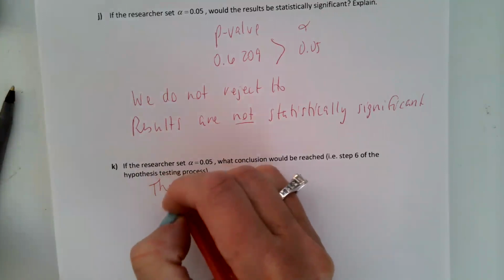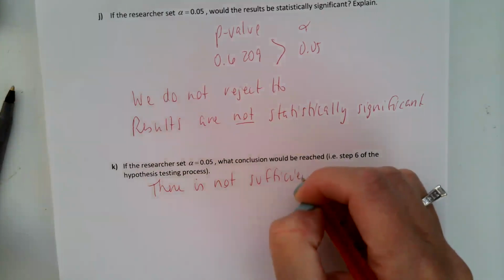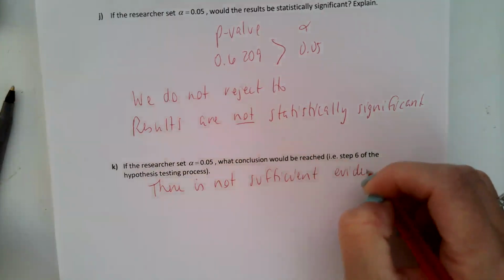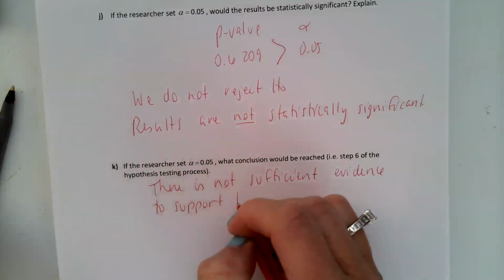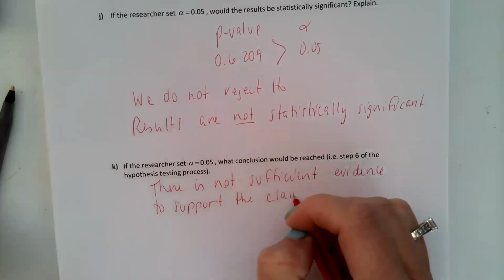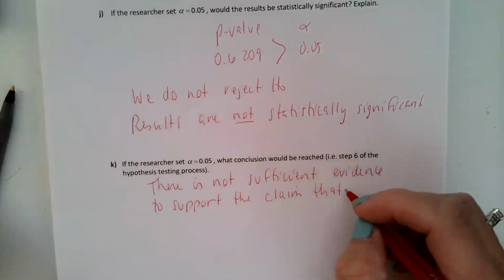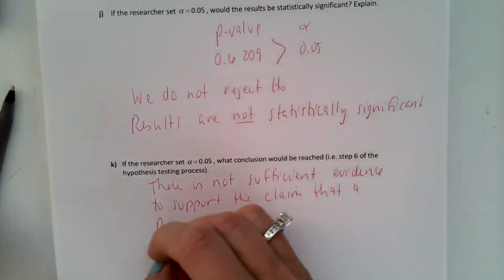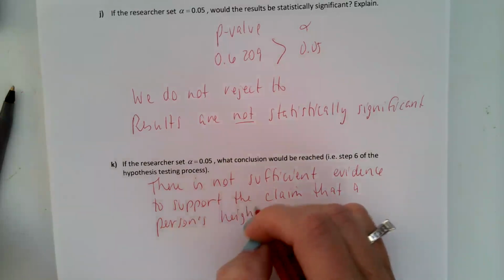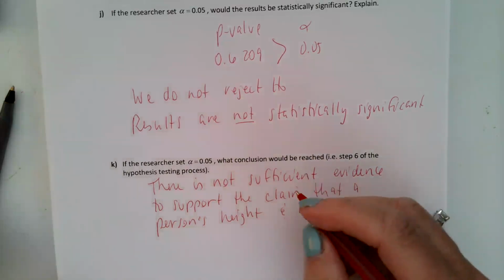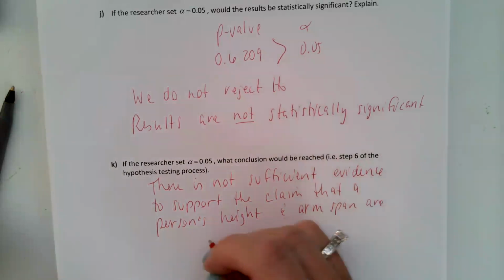So there is not sufficient evidence to support the claim that a person's height and arm span are not equal.